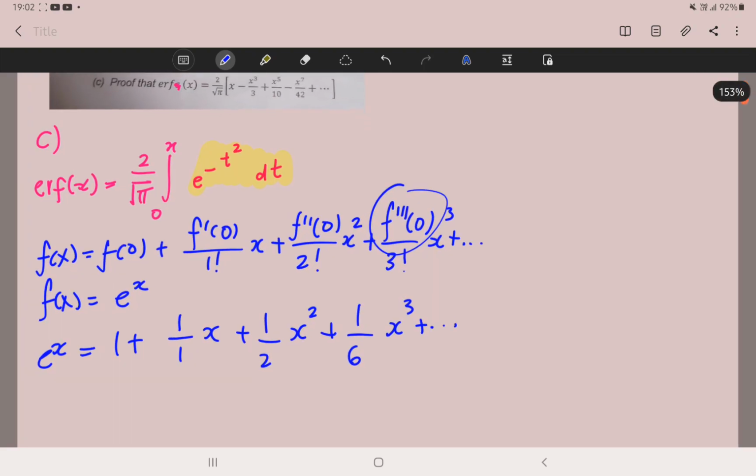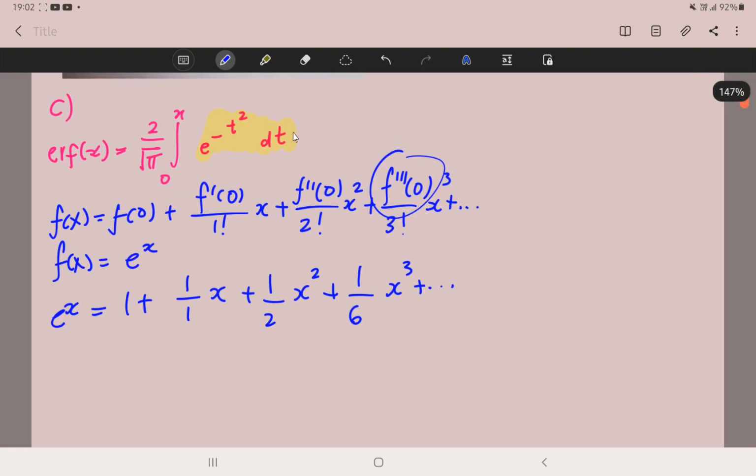If you realize, the error function has minus t squared, so we just put the minus over there. Minus squared is plus x squared, right?